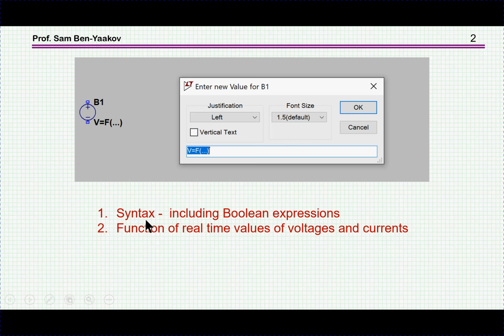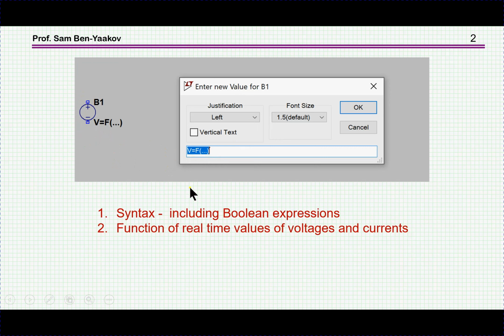I'm here showing it in LTspice, but you can find it in PSpice and some other packages which are Spice based. So a behavioral source, like a voltage source in the case of, say, LTspice, is this unit here, this device. It's a voltage source. It can actually be defined also as a current source, and it is a function of something.